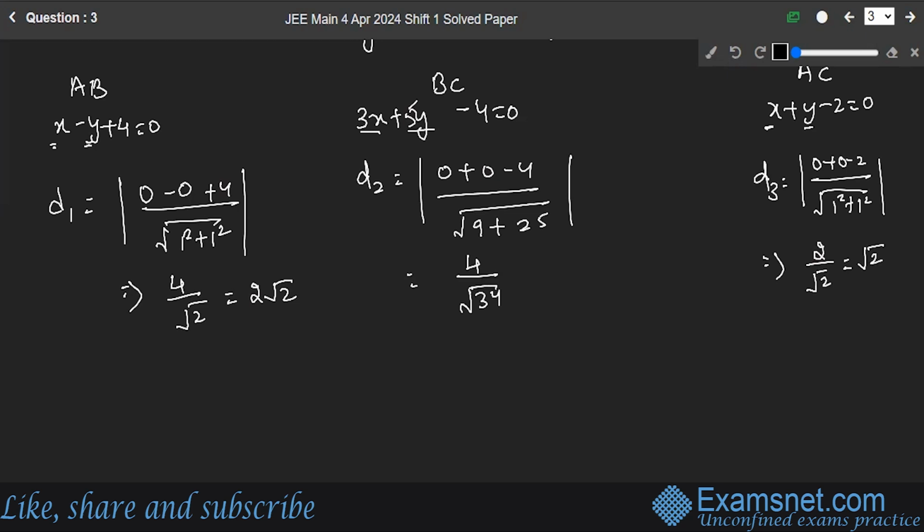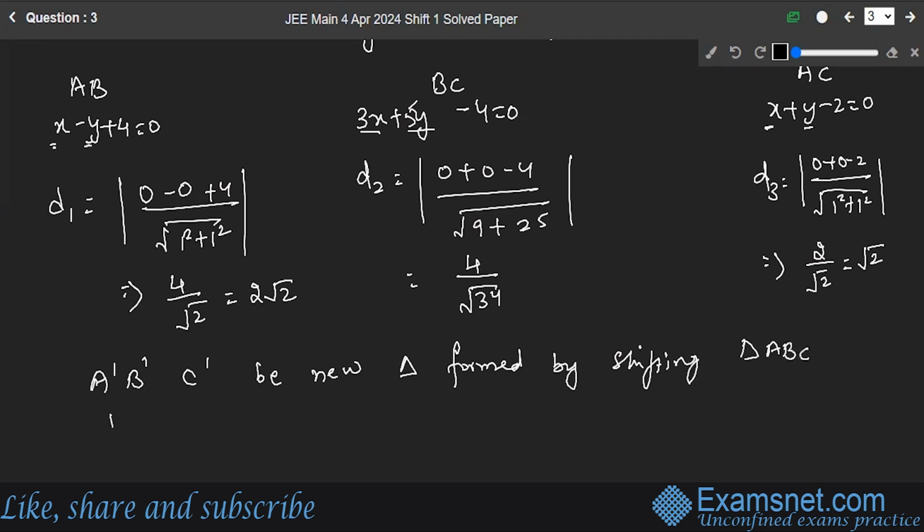Now, let's say A dash, B dash, and C dash be the new triangle formed by shifting triangle ABC inwards by 1 unit, like this.